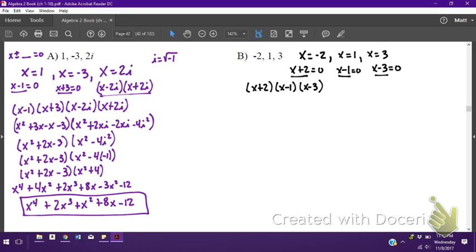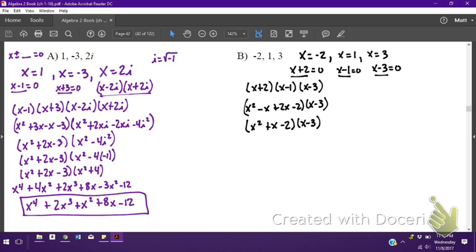So if I FOIL this, I get x squared minus x plus 2x minus 2 times x minus 3. If I simplify that, I get x squared plus x minus 2 times x minus 3.